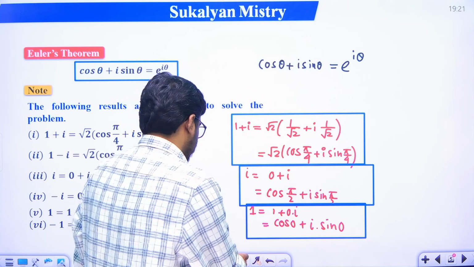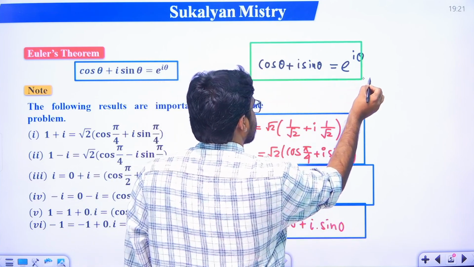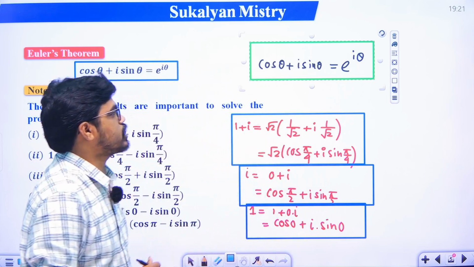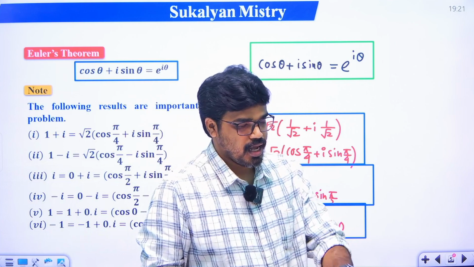So note this, this is Euler's theorem: cos theta plus i sin theta equals e to the power i theta.